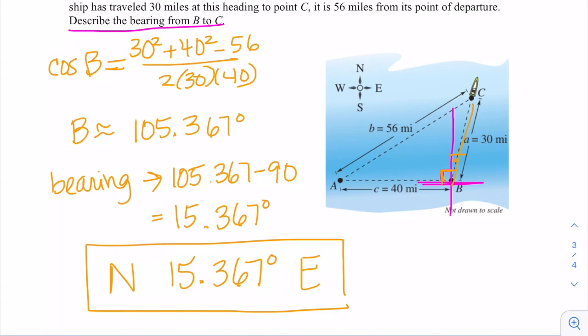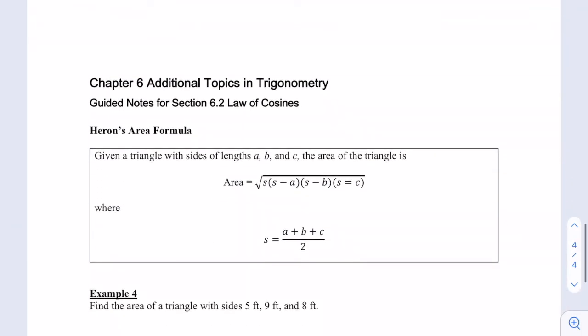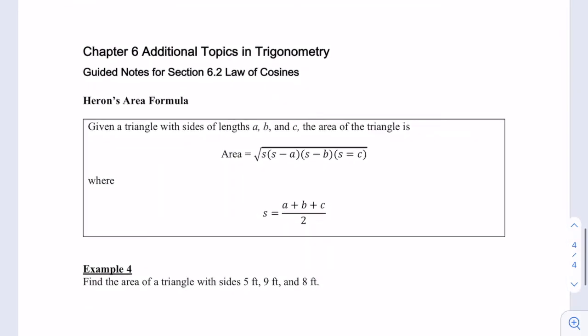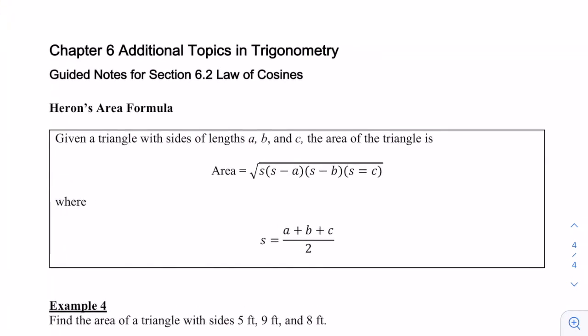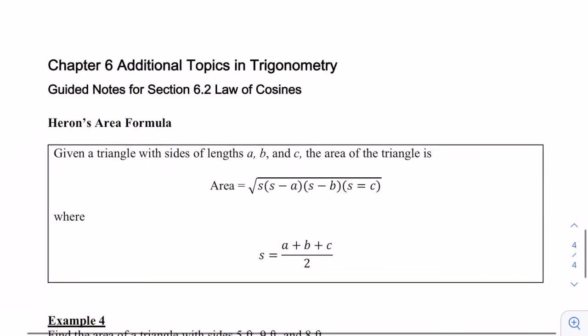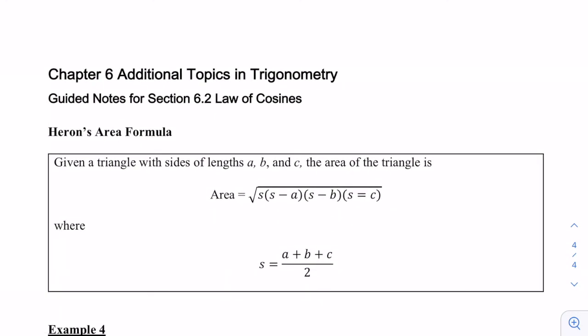All right, for this last example, we're actually going to look at Heron's area formula. There is a very good proof. It's a little long, but I'll make a separate video for the proof. So we have a triangle with sides A, B, and C, and we don't know how to find the area without tricks.